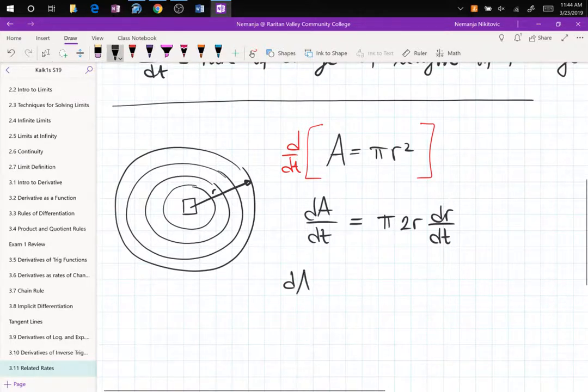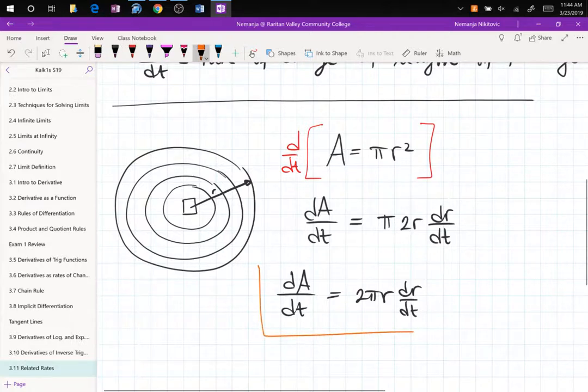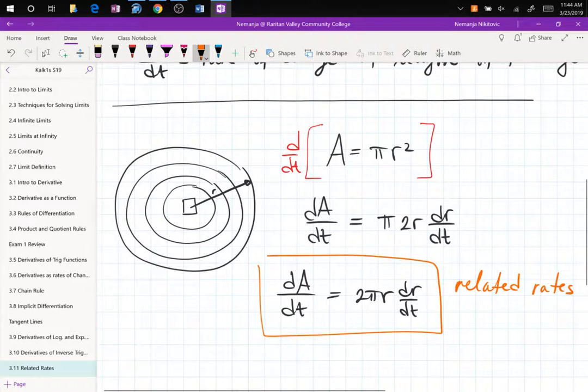So now my related rates formula is dA/dt equals 2 pi r dr/dt, and that's my related rates. So it tells you by how much the area is changing as the radius changes, and also the change in radius.